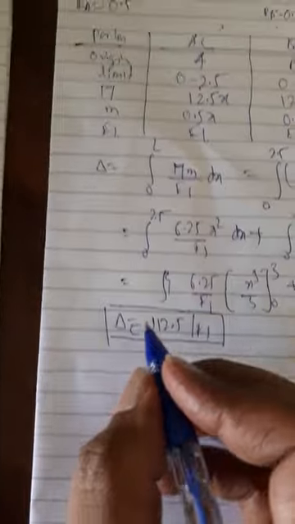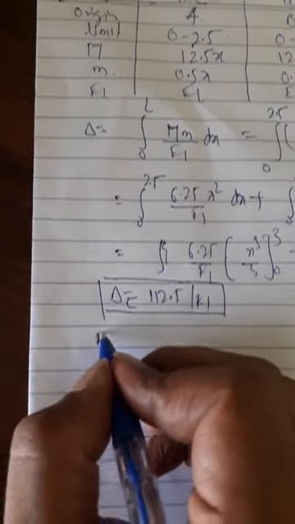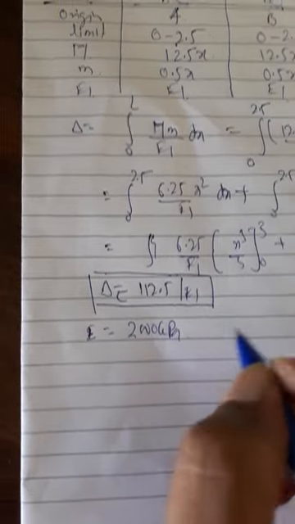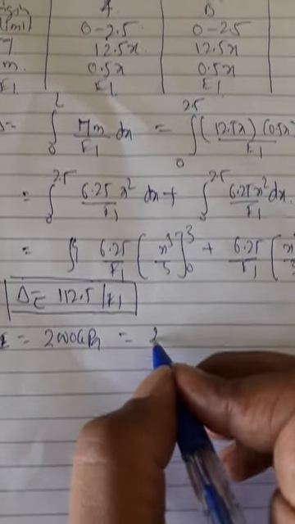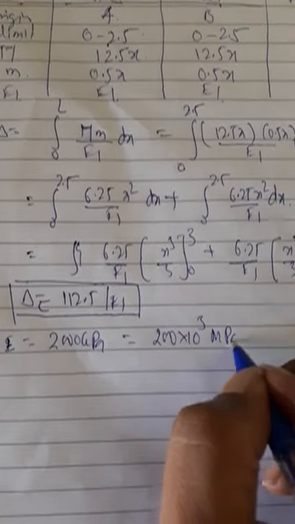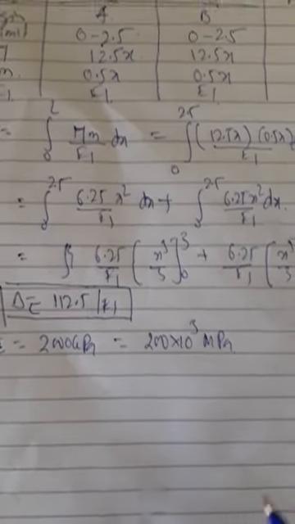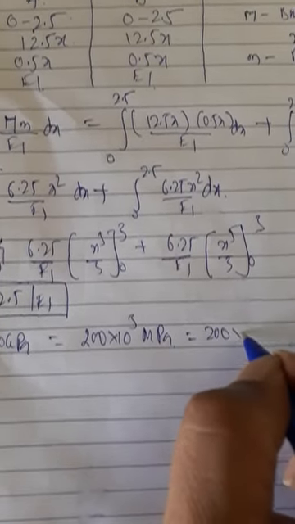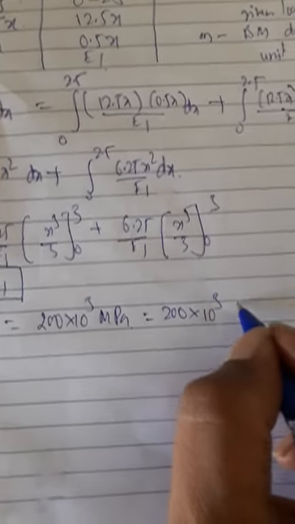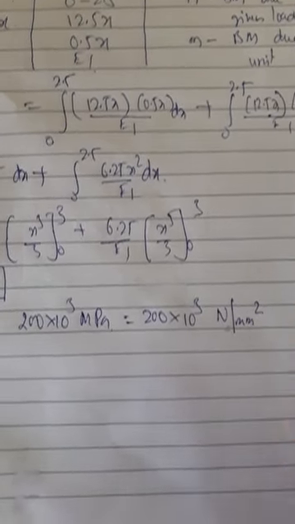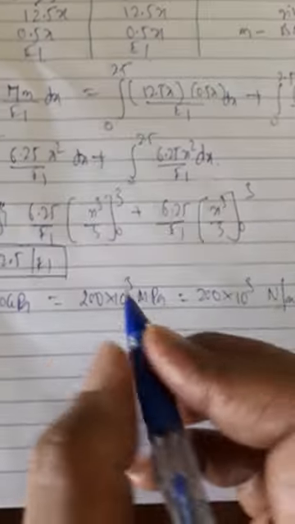Now let me do the substitutions. Value of E is given, E is 200 GPa, gigapascals, that is nothing but 200 into 10 raised to 3 MPa, megapascals, and MPa is nothing but newtons per mm square. Now you have to convert this into kilonewtons and meters.